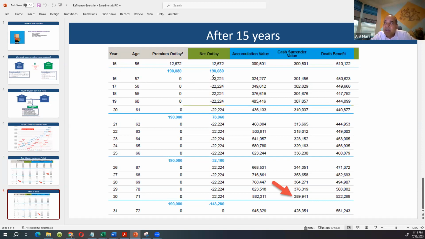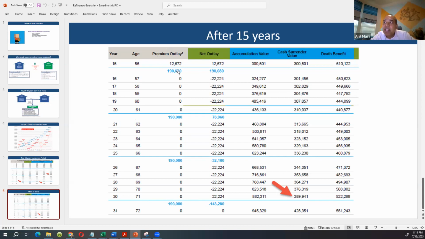So he started taking $22,000 out of his insurance policy, from IUL, after 15 years basically. And then he will pay off his mortgage this way. He will take $22,000 out every year and pay off the mortgage. And in the end, at age 71, he will be left over with $389,000 cash surrender value and 522K in death benefit without doing anything else.